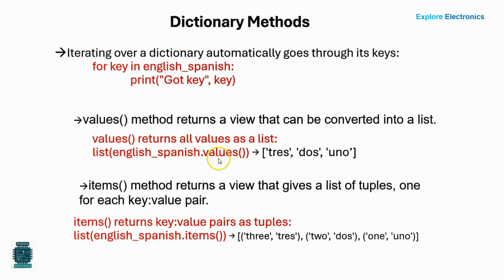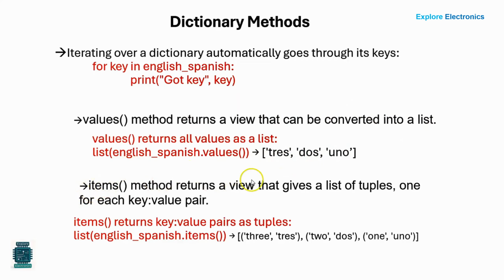I am using the values method here, and in the form of a list I want it, that's why I am using list as well. It will return uno, dos and tres. These are all the values, returned as a view of the dictionary, now in list form. You can observe it is a list. Clear? I have used the values method, which returns a view that can be converted into a list. You can see here.